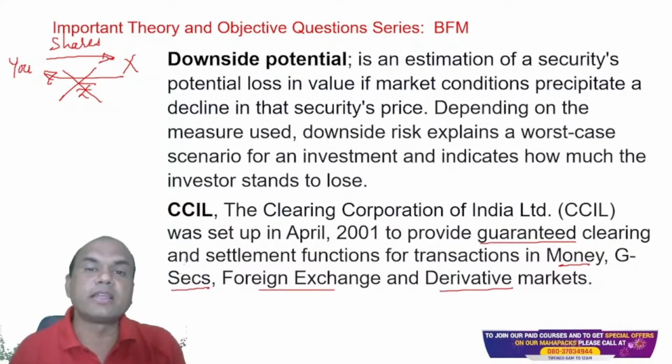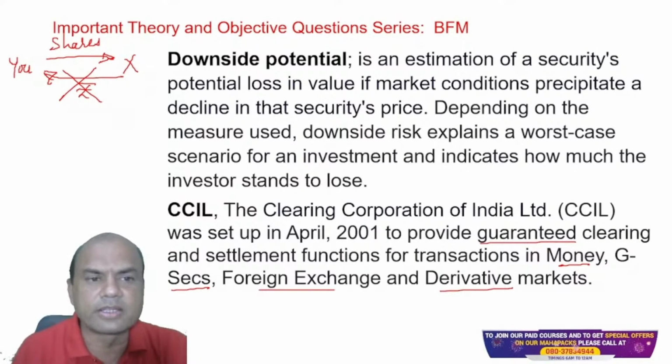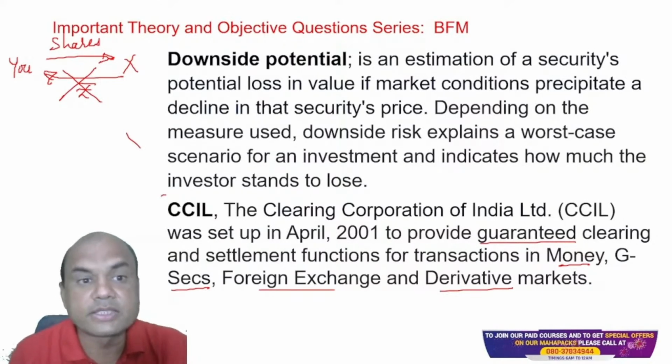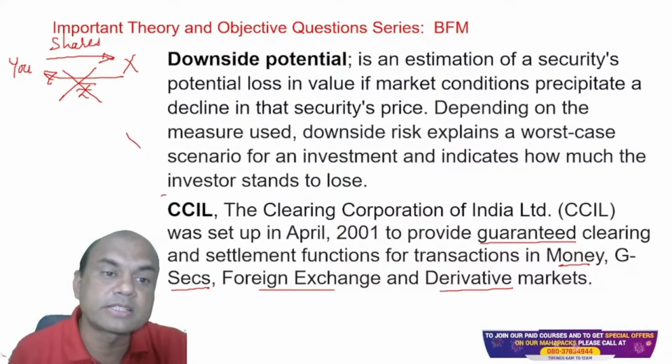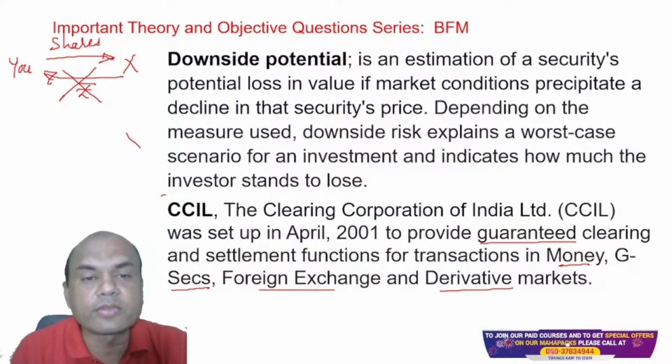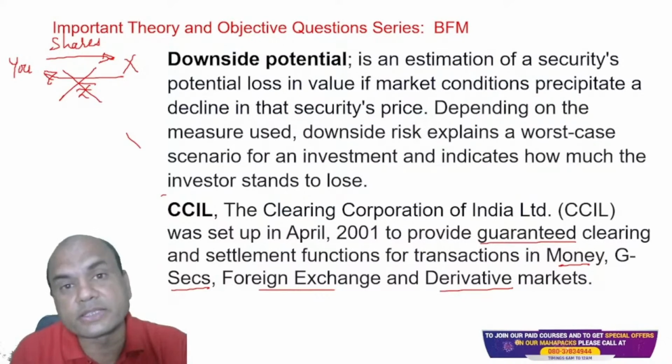Tell me one more thing. In the shares example which I gave you, does CCIL take care of the settlement risk of the shares? No. Then who takes care of the settlement risk of the shares which you buy and sell? Type fast in the comment section.